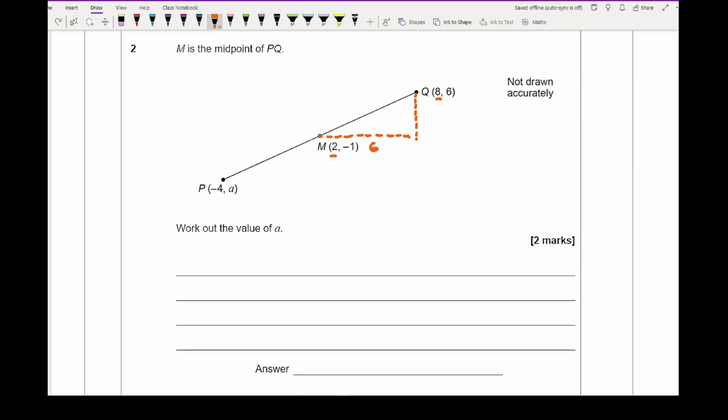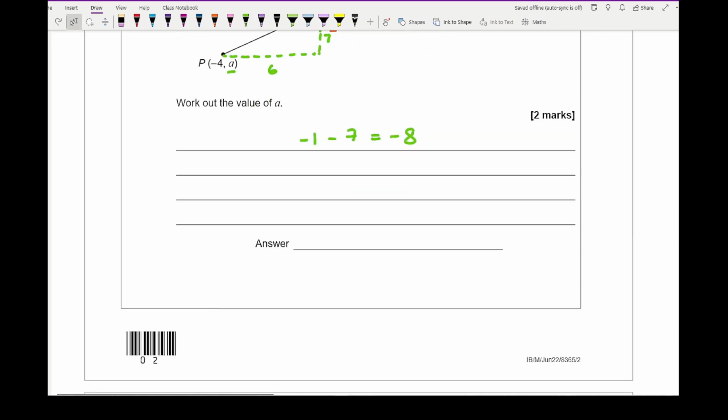Then the height of that triangle is the difference in the y ordinate, so the difference between 6 and -1 is 7. Now, if M is the midpoint, then the triangle drawn from P to M is the same, so that also has a height of 7 and a base of 2. To find a, the y ordinate, I do -1 minus 7, which gives me an answer of -8. So the y ordinate for P is -8.